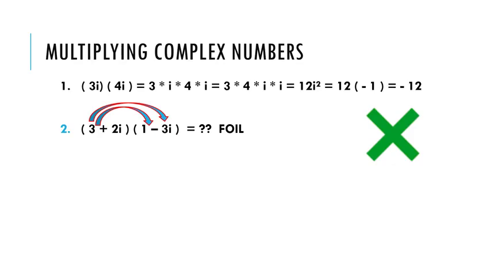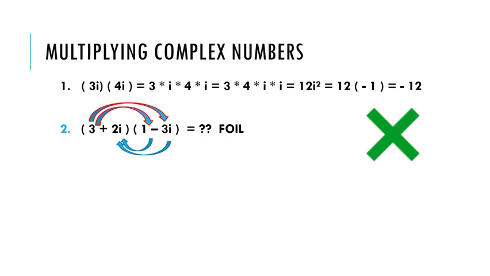Then you're going to do 2i times 1, and you can go this way if you want. 2i times 1, plus 2i times -3i.